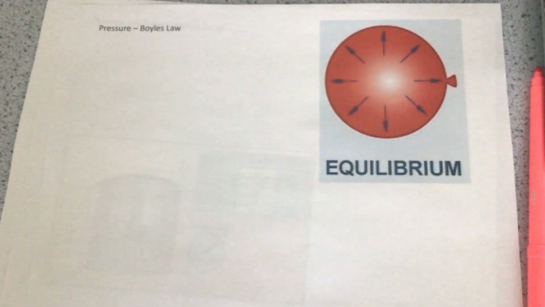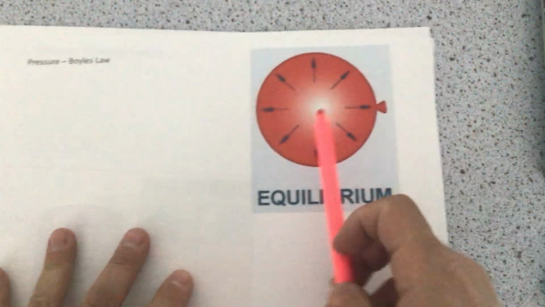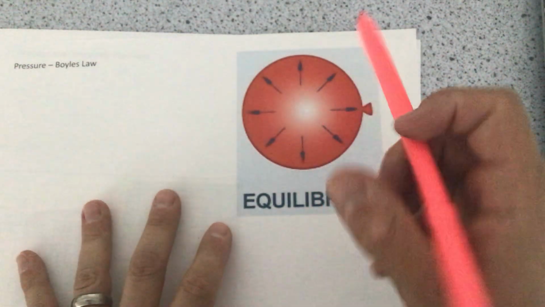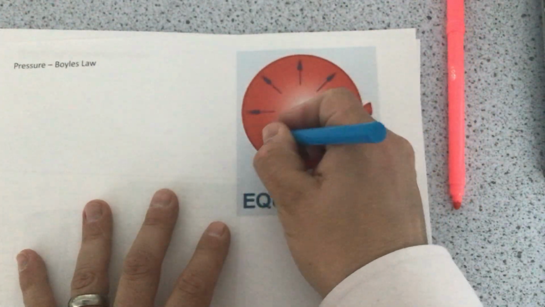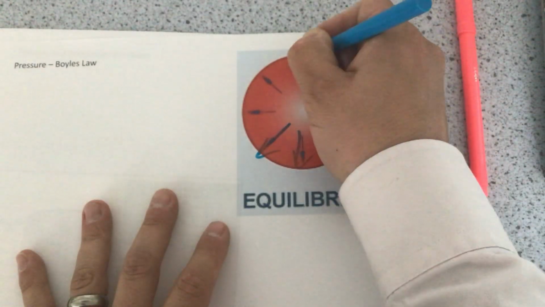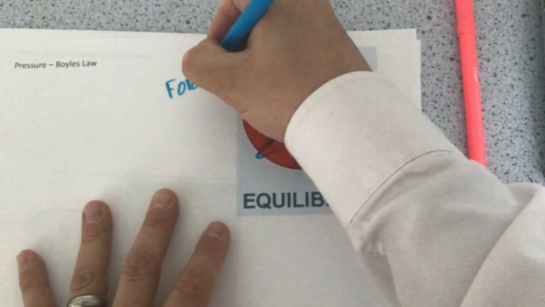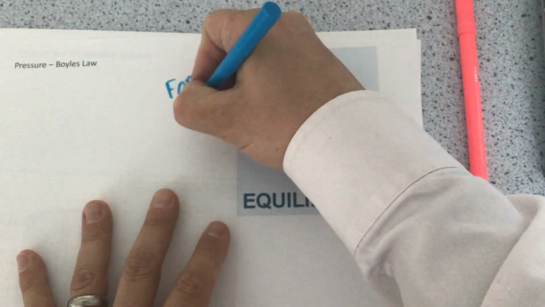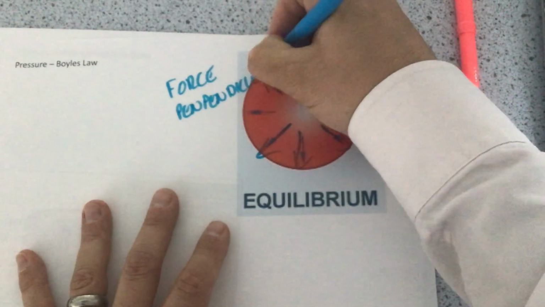So what you can see from this diagram here is that in a balloon, like in any gas, the pressure is always pushing out in the same direction. And the key thing here is that the pressure is pushing out in all directions, because the force is perpendicular to the surface.